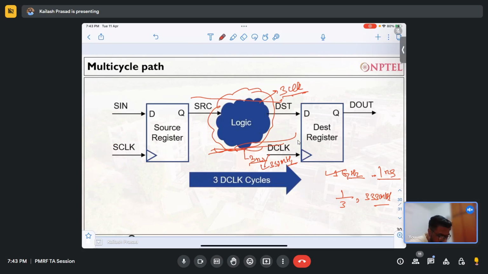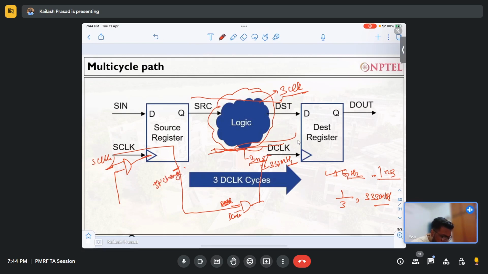So what we generally do is, we have this SCLK and an AND gate with the clock. Similarly, here also we have this DCLK, and an AND gate with the clock. Now this particular signal which I am talking about changes after 3 clock cycles.